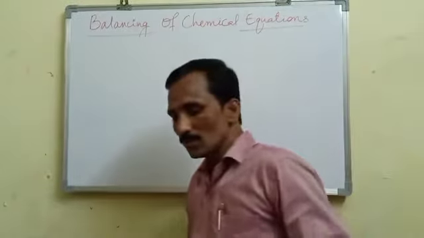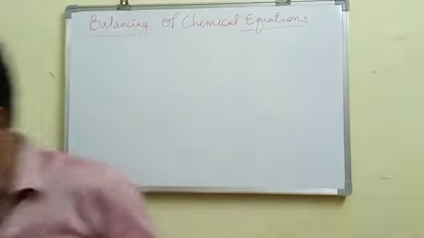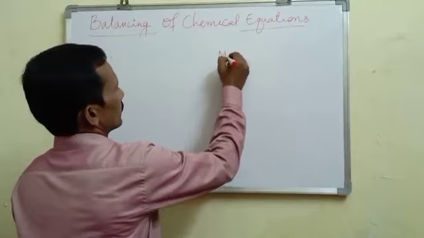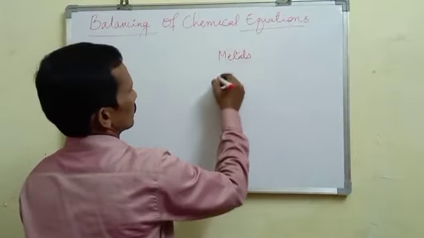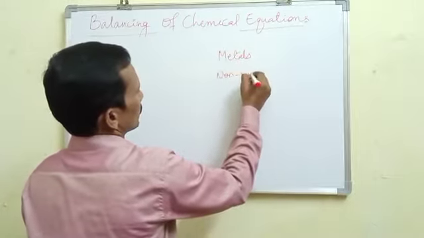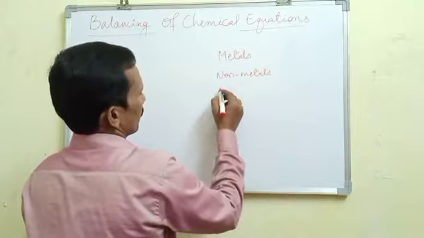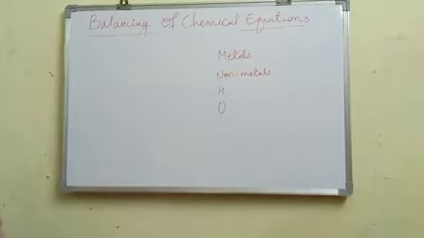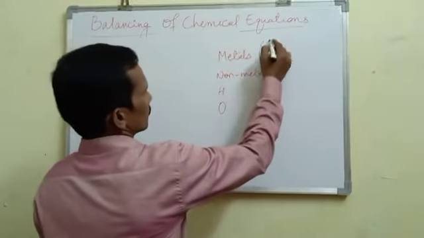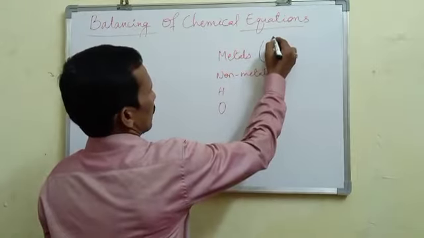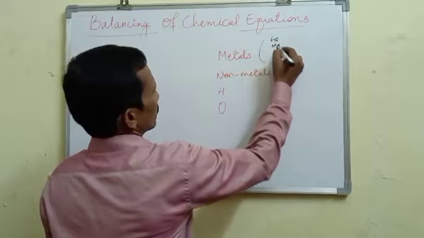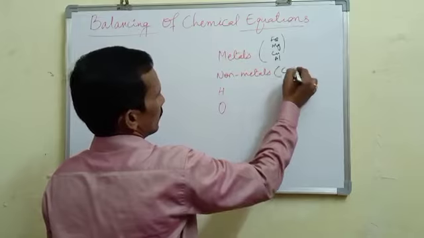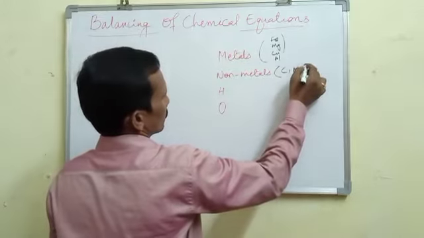We have to move to another method: first we have to balance metals, after that non-metals, and then hydrogens and oxygens. Metals, we know very well: iron, magnesium, copper, aluminium, like this. Non-metals: carbon, nitrogen, sulfur.